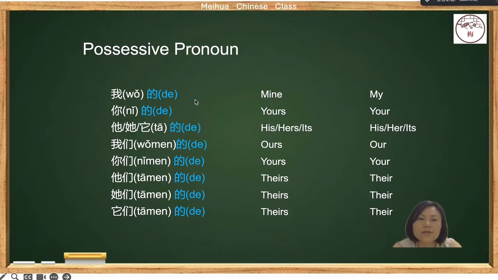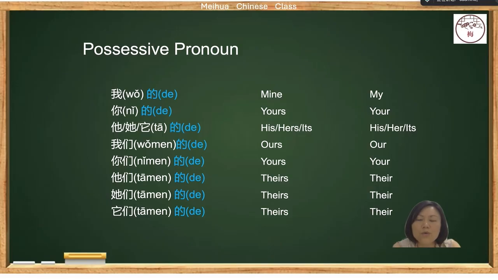Actually, for possessive, we have 2 types, right? Possessive pronoun and possessive adjective. As we know, adjective often modifies a noun, right? So this set, in English, is possessive adjective. We use them to limit a noun, to restrict a noun.